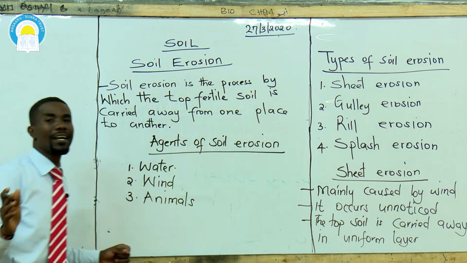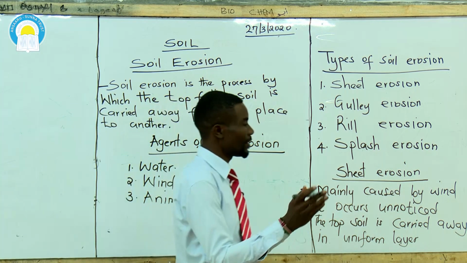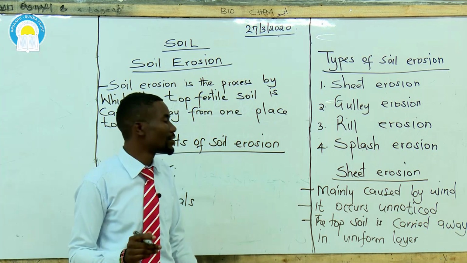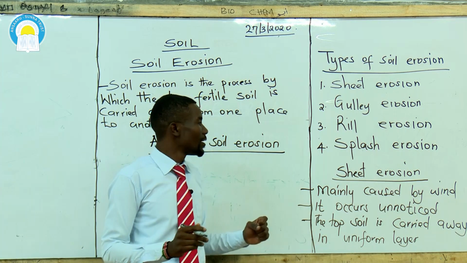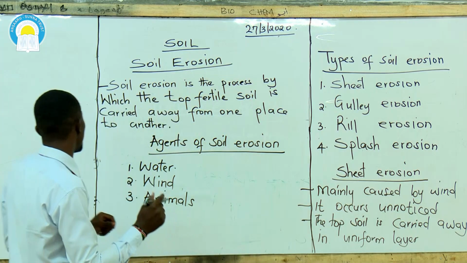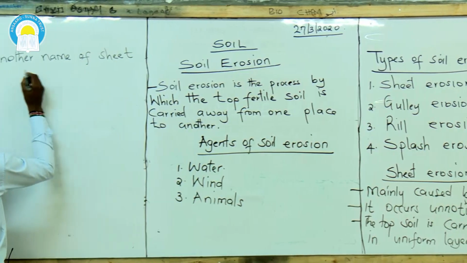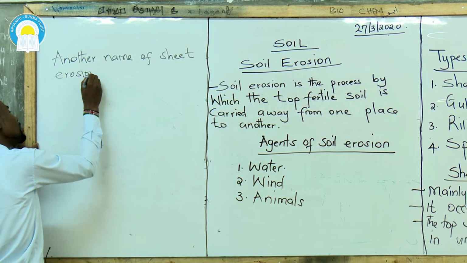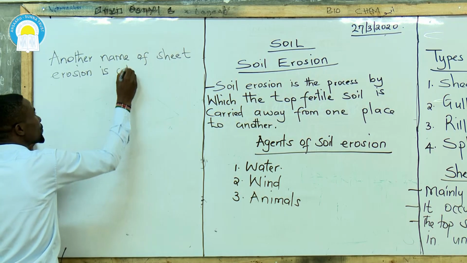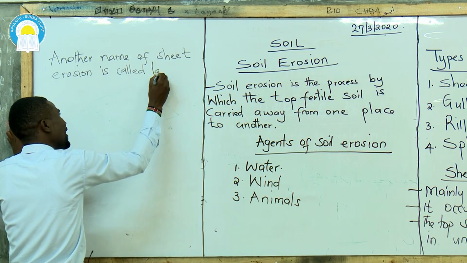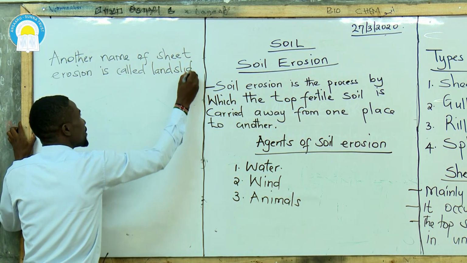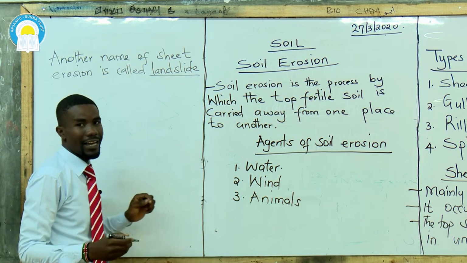When the wind blows, it carries away the topsoil in uniform layer in a sheet form that is very difficult to notice. Another name of sheet erosion is landslide.